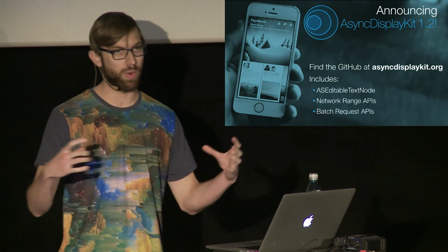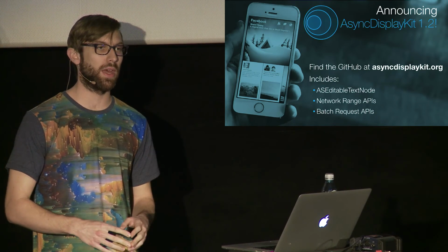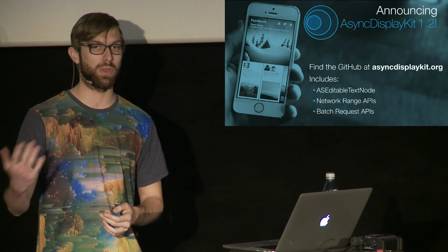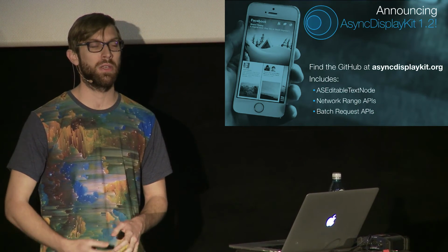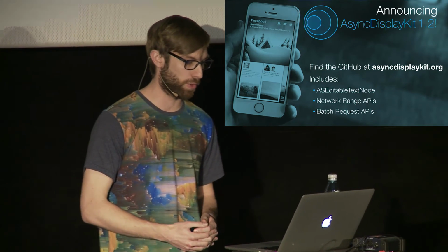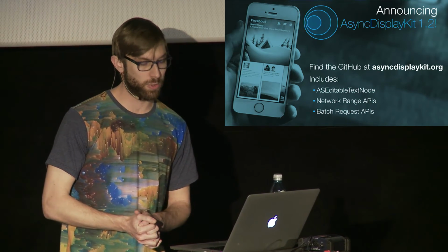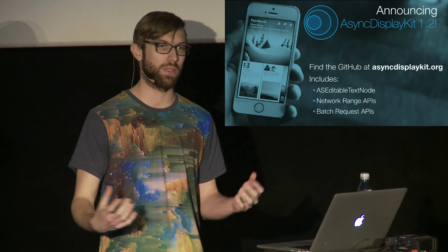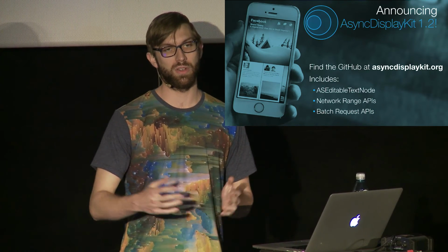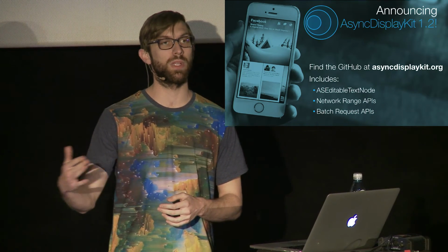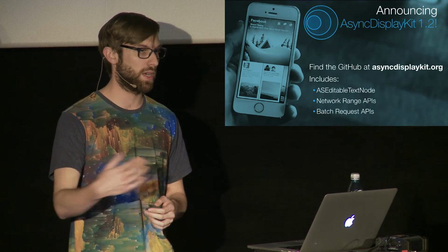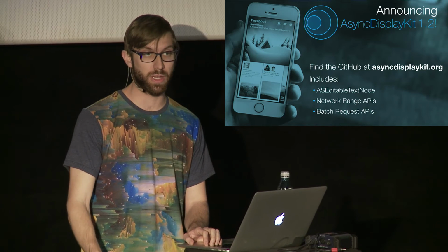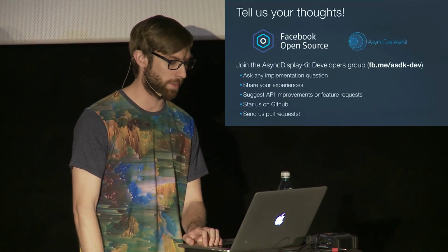We have these network range APIs that I mentioned so that you'll get callbacks for your own subclasses, or the default classes will automatically request image assets and so forth ahead of time. And also batch request APIs. So if you have groups of stories or something that you request from the server, there's a configurable distance ahead of reaching the end of content that you can set to drive your network code. Go to asyncdisplaykit.org. You'll see a link to the GitHub there.